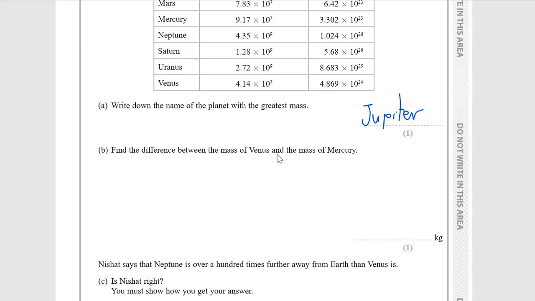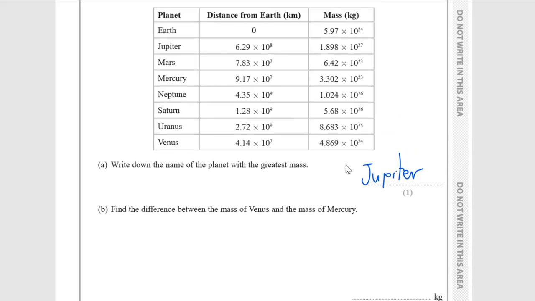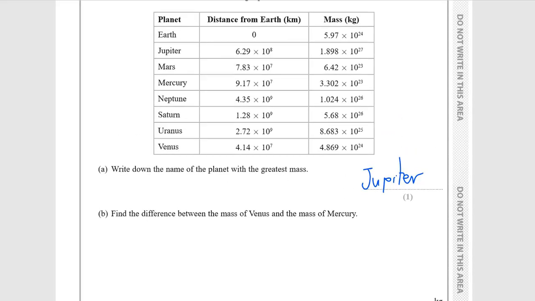Find the difference between the mass of Venus and the mass of Mercury. So the mass of Venus, so it's here, 0.869 times 10 to the 24, subtract Mercury, 3.302 times 10 to the 23.